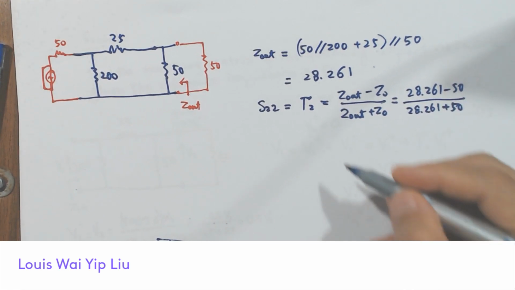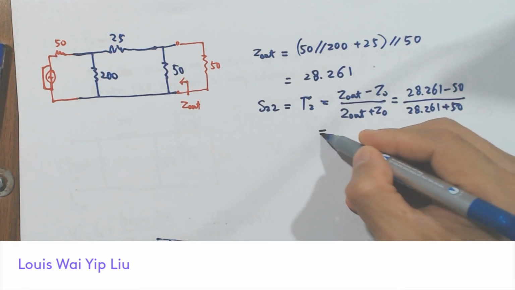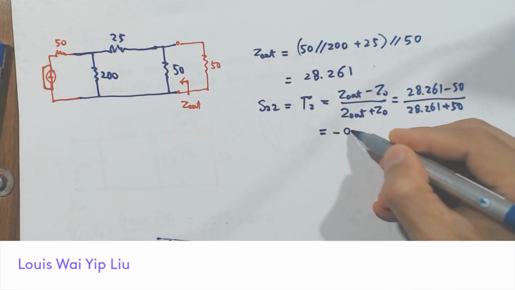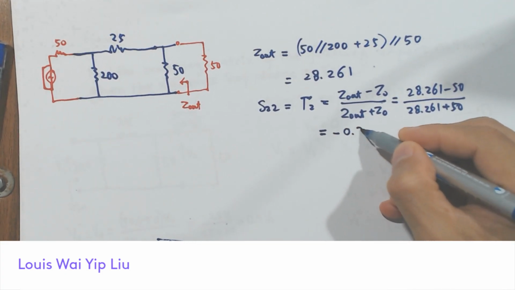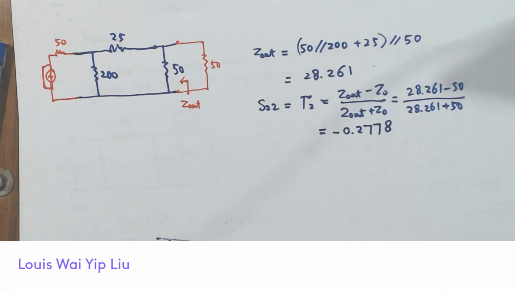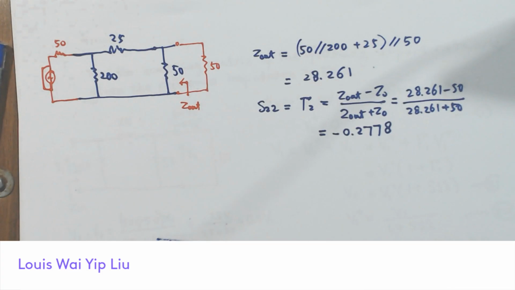So based on our analysis, we should get minus 0.2778. So with this in mind, we have all the S parameters determined.